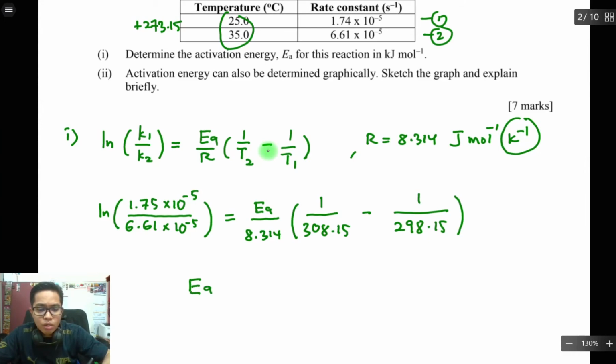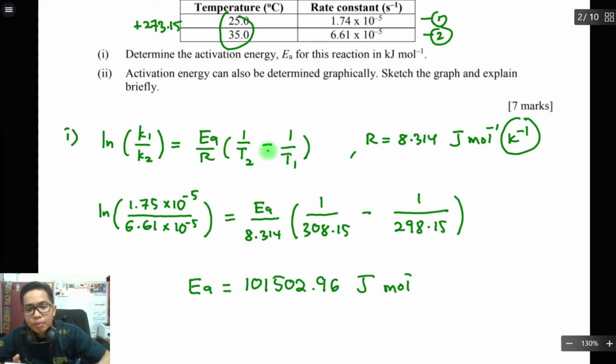Then EA will be... so what I get is 101,502.96 roughly joule per mole.